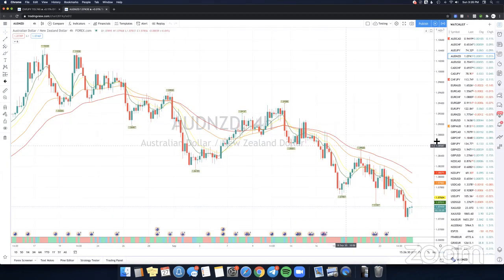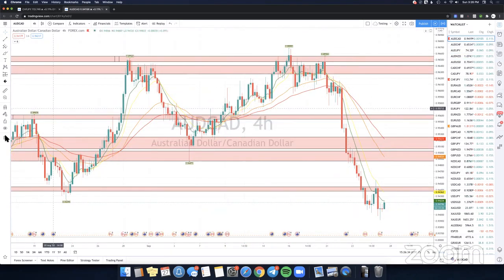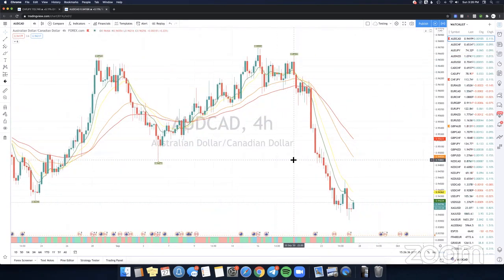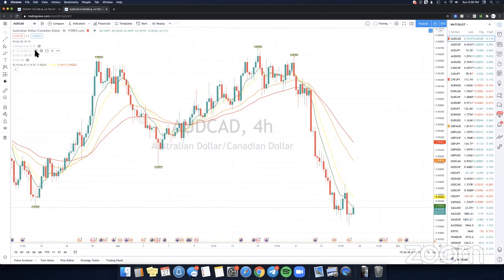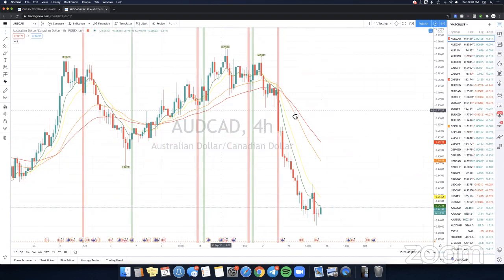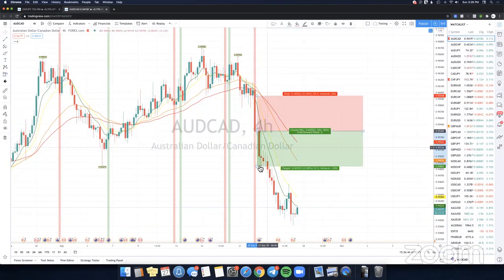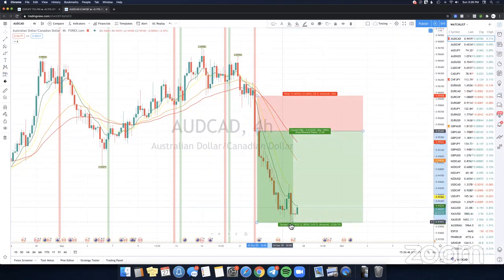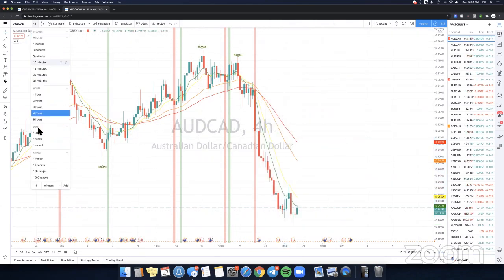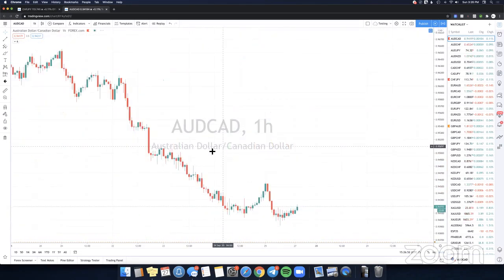So say if you were applying the pivot strategy on the 4-hour time frame. If you're applying it right here, AUD/CAD on the 4-hour time frame, this is a huge drop right here. You could have profited like 140 pips. Same situation if you are on the shorter time frame, the 1 hour.